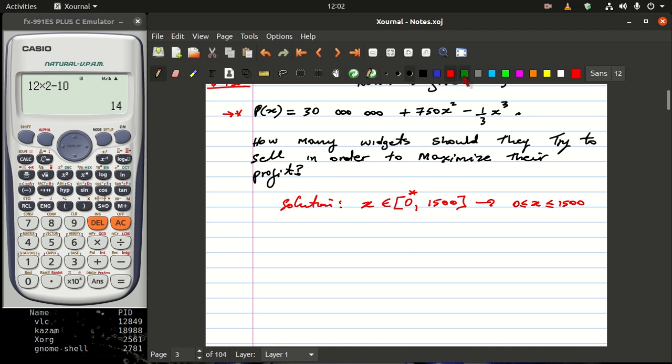So what we are going to do here, we're going to start with this. When x is equal to 0, then P of 0 is equal to 30 million plus 750 times 0 squared, minus 1/3 times 0 cubed.